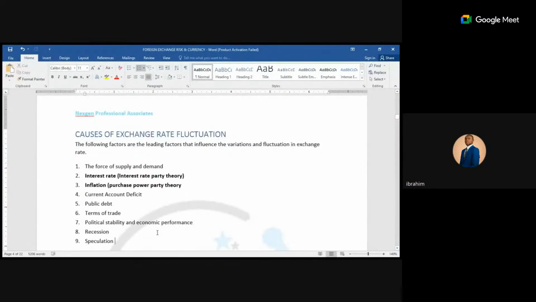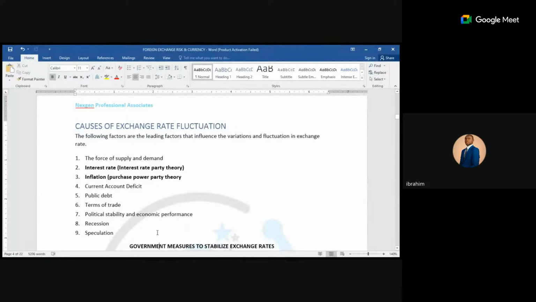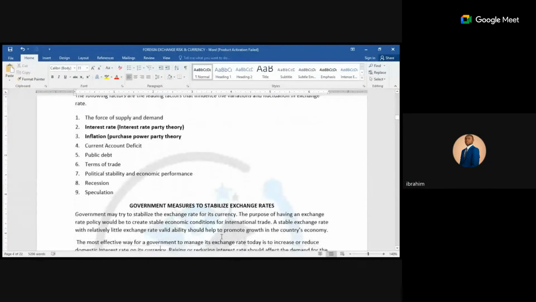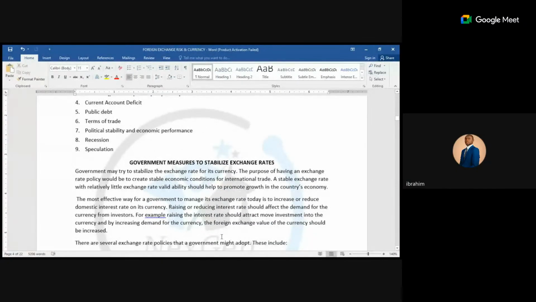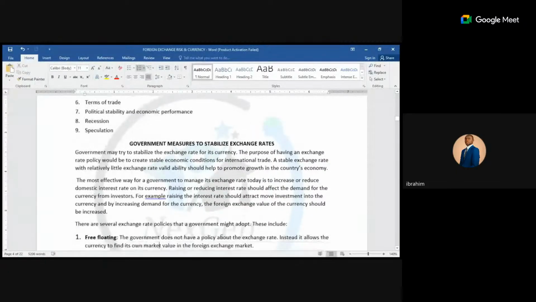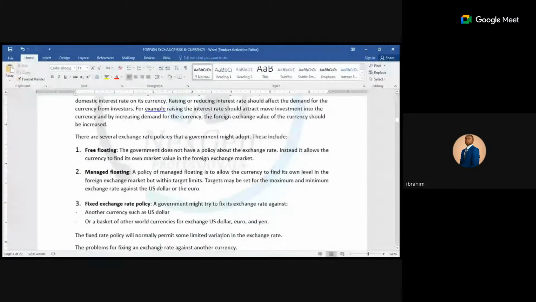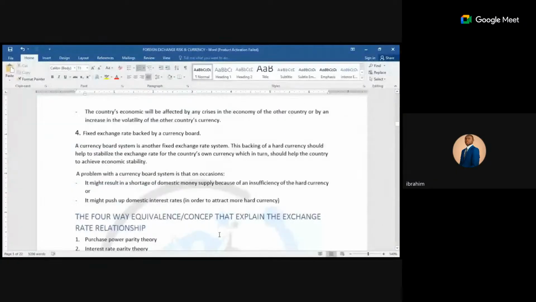Now, we need to talk about the causes of exchange rate fluctuation. Why is our exchange rate fluctuating? We have a lot of reasons, such as the forces of demand and so on. You can read this on your own to save our time. We have the government measures to stabilize exchange rates. You can also read this on your own when you get your material.